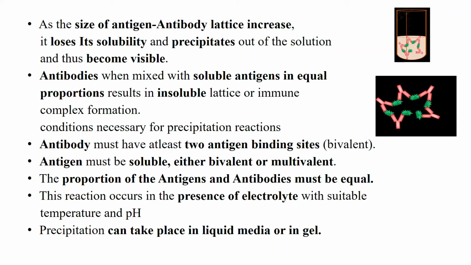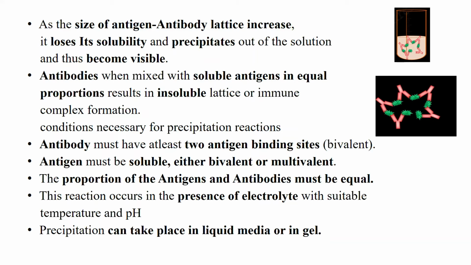Let's have a look at the conditions necessary for precipitation reactions. Here we have antibodies, which must have at least two antigen binding sites, or be bivalent. The second condition is that the antigen must be soluble and it must be either bivalent or multivalent, and at least two epitopes of the antigen must be identical.